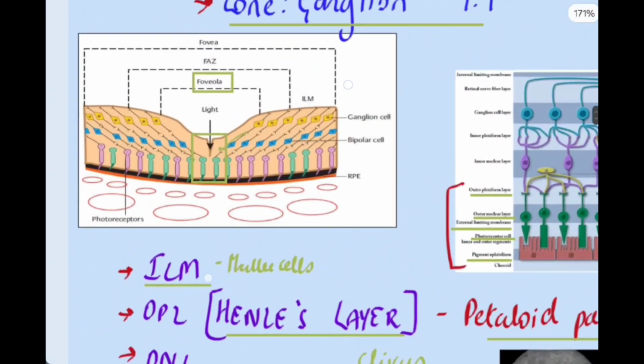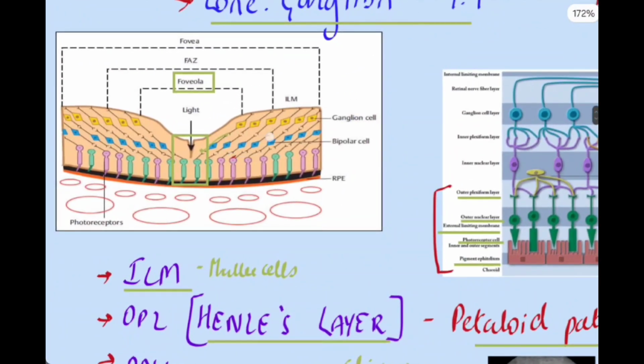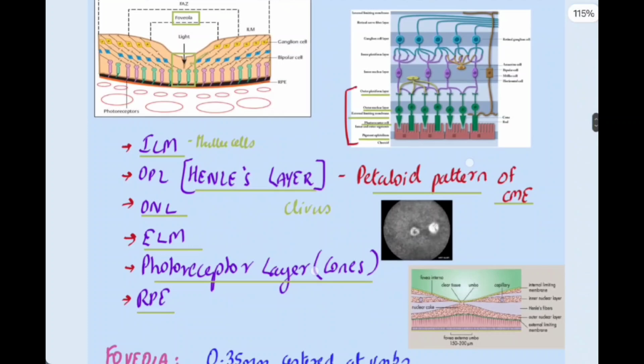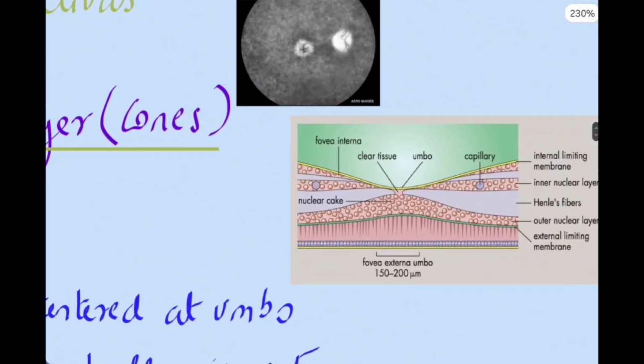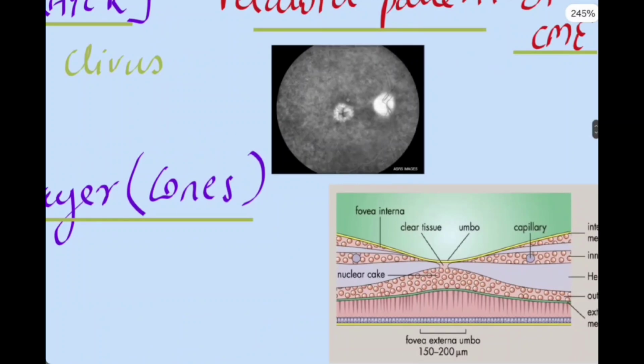The outer plexiform layer is oriented obliquely in the fovea, where these curved fibers are called Henle's fiber layer, leading to a curved wall of fovea known as clivus, in contradistinction to its perpendicular orientation in the peripheral macula and retina. This explains the petaloid pattern of cystoid macular edema.